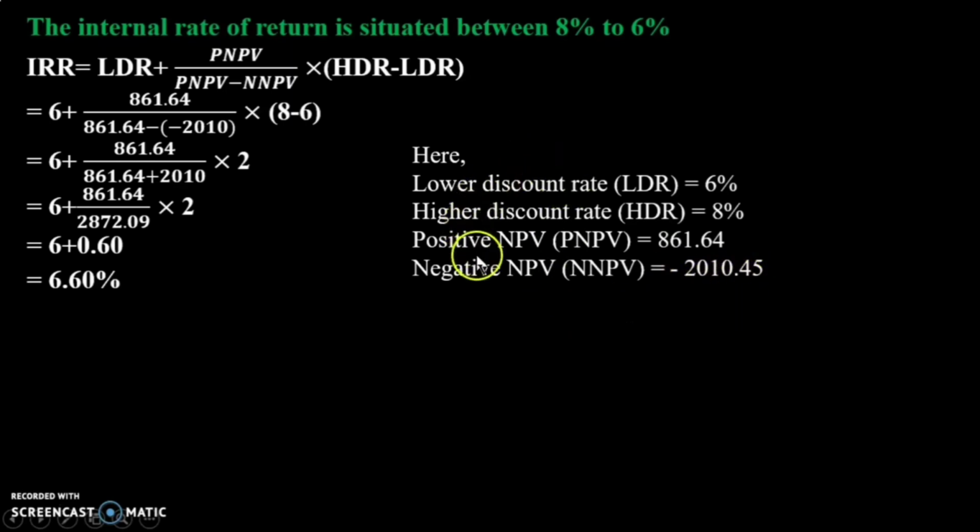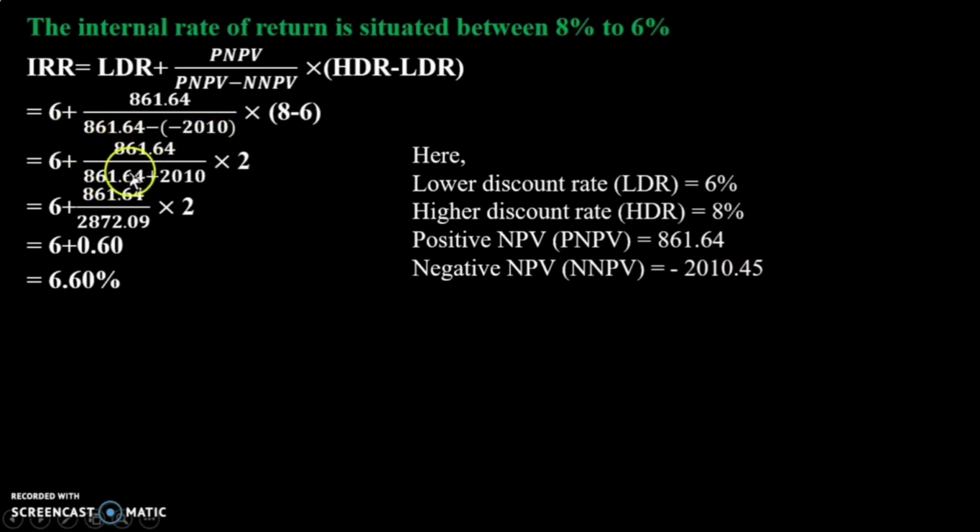Dear students, putting the values in the formula: LDR 6 plus PNPV means positive NPV 861.64, divided by PNPV 861.64 minus into minus NNPV, minus 2,010.45.